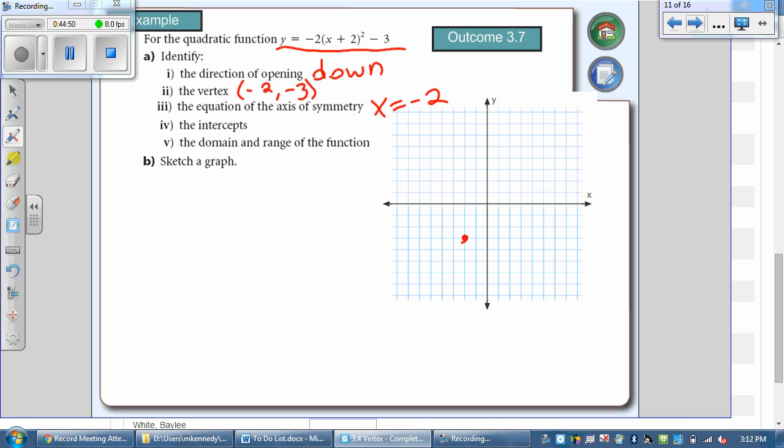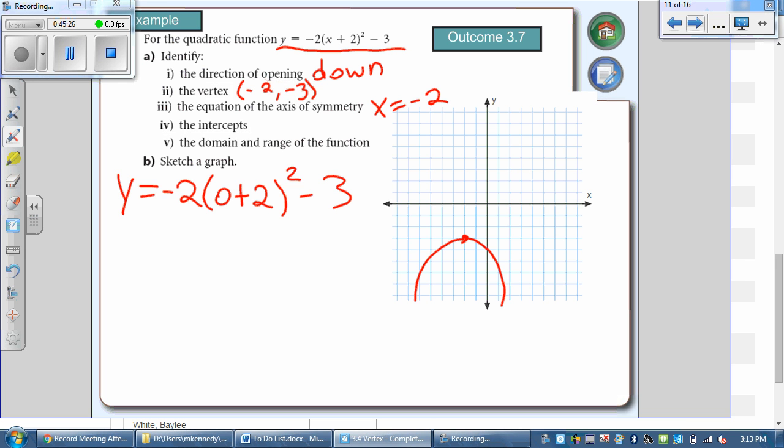But there are y-intercepts. How do you find your y-intercept? Make x 0. With x as 0, y is equal to negative 2 times 4 minus 3, that's y equals negative 11.